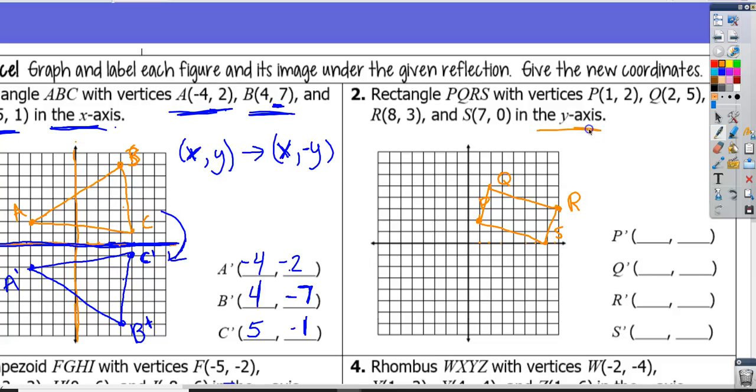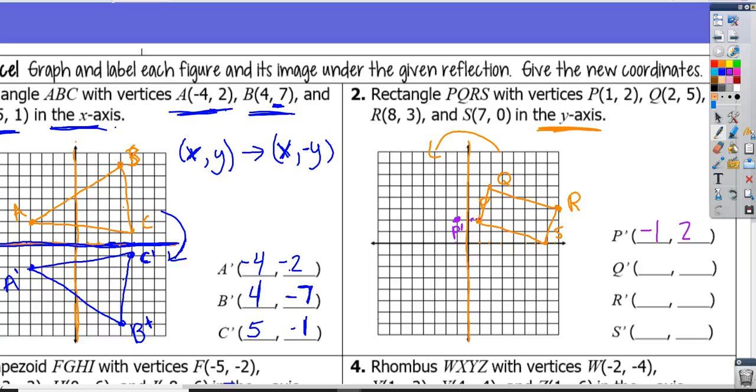All right, and it says the y-axis, so we're going to flip over this guy. We should have a picture over here. Okay. We're going to pick a different color for our image. All right, so P is 1 away right here. So I'm going to go 1 away and put a dot. So P, that's P prime. And that is now negative 1, 2.